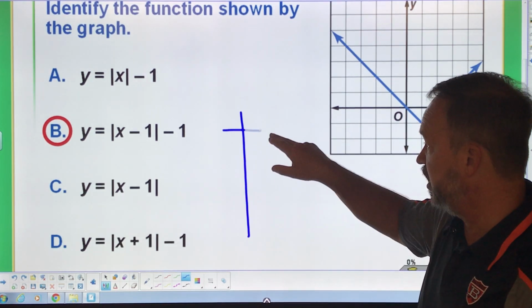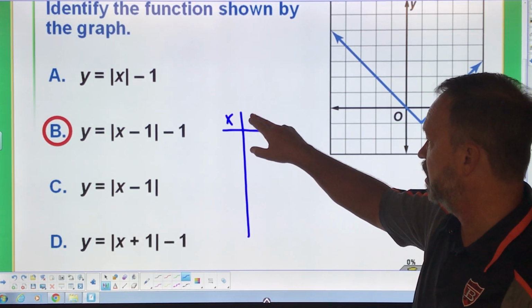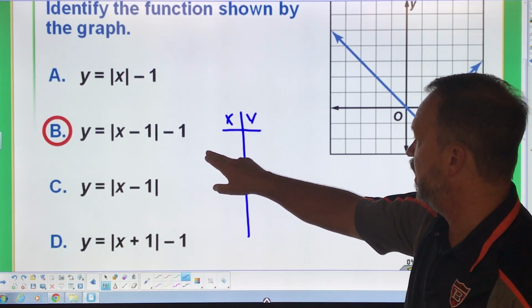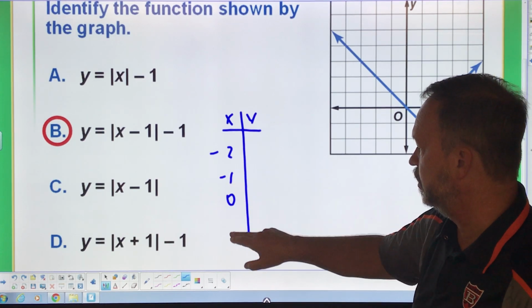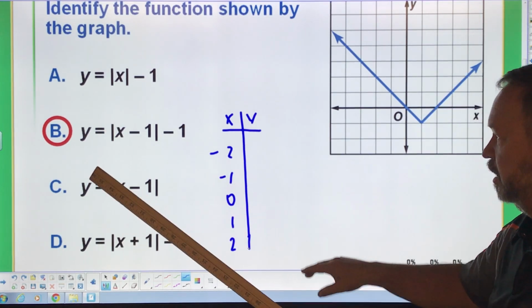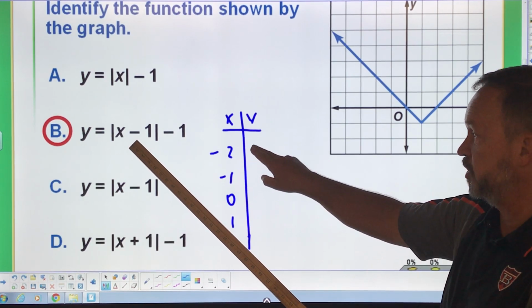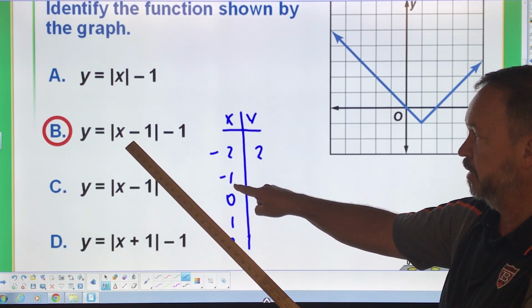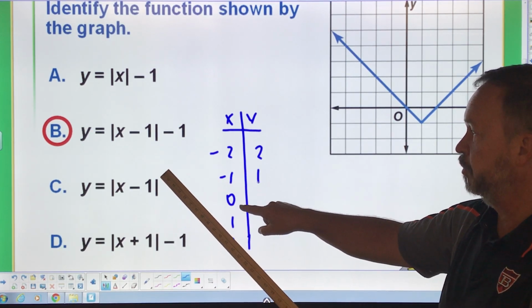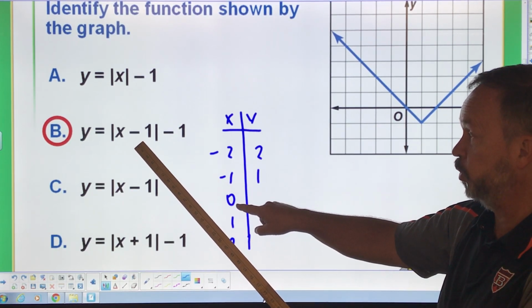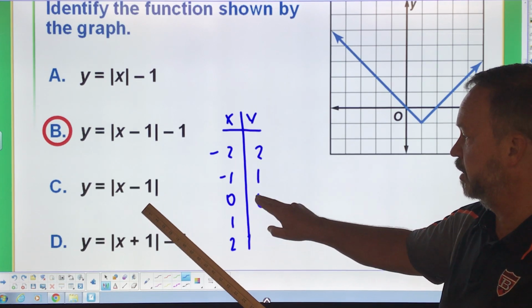But if we do a T-chart, here's our X and our Y, let's do -2, -1, 0, 1, 2, just because we can. So we put -2 in here, get -3, which is 3, minus 1 is 2. Put -1, get -2, which is 2, minus 1 is 1. Put 0 in there, be -1, which is 1, minus 1, it's a 0.